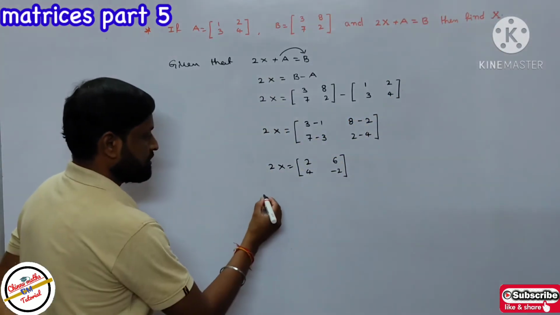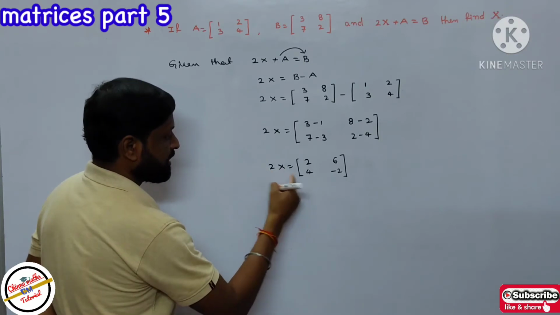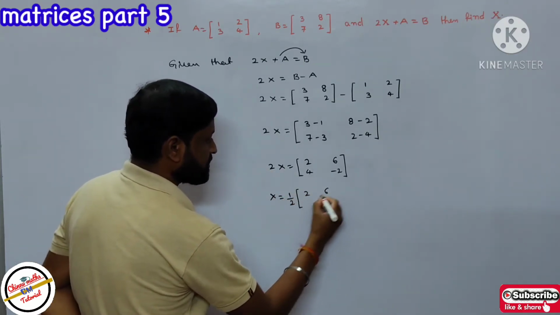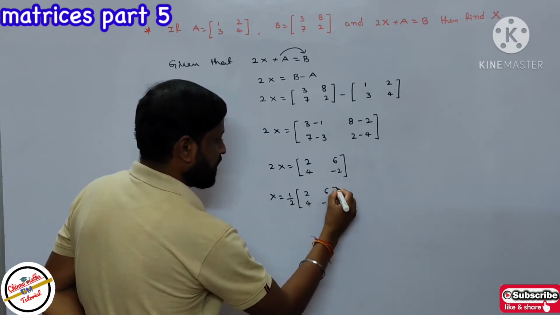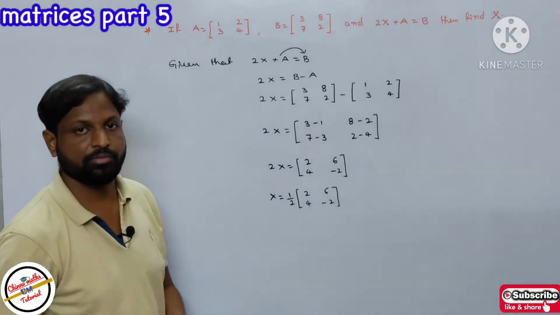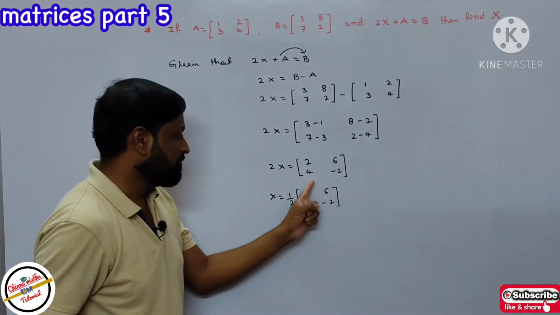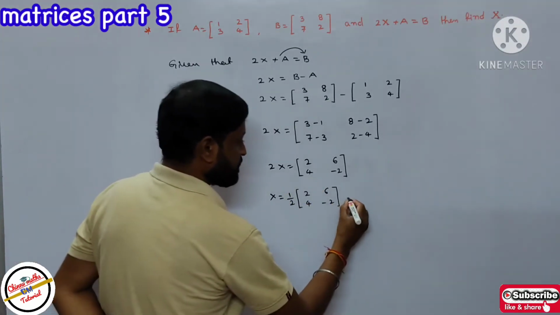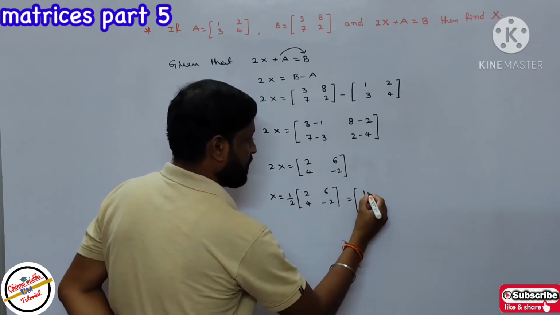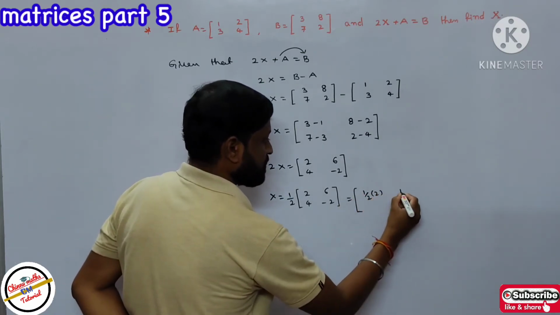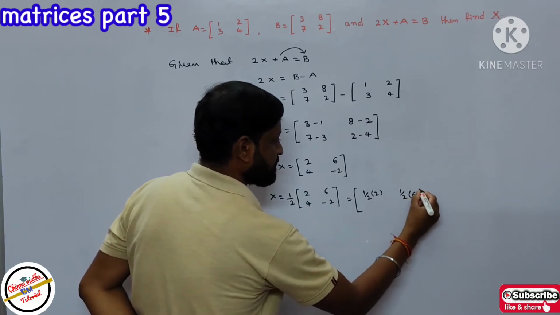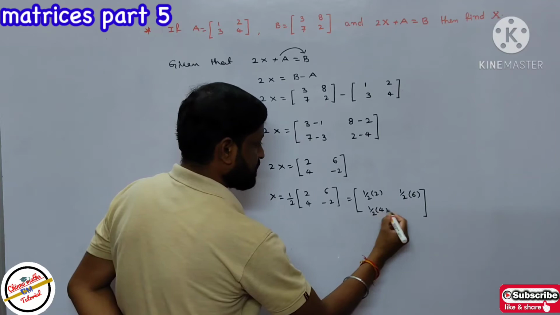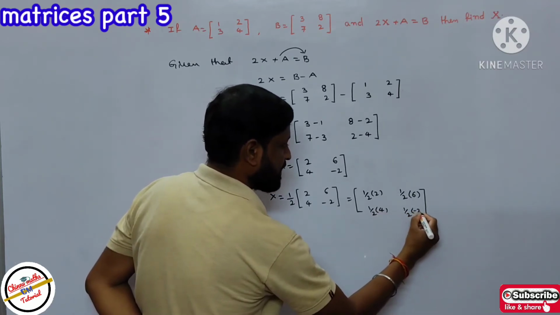But this is the 2X value, and they are asking to find the X value. So X equals 1 by 2 into the matrix [2 6; 4 minus 2]. According to the definition of the scalar multiple of a matrix, every element should be multiplied by 1 by 2. So it is 1 by 2 into 2, 1 by 2 into 6, next 1 by 2 into 4, 1 by 2 into minus 2.